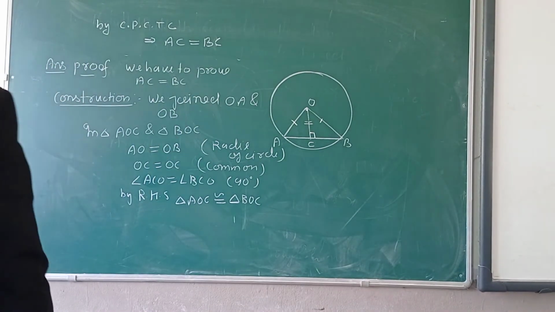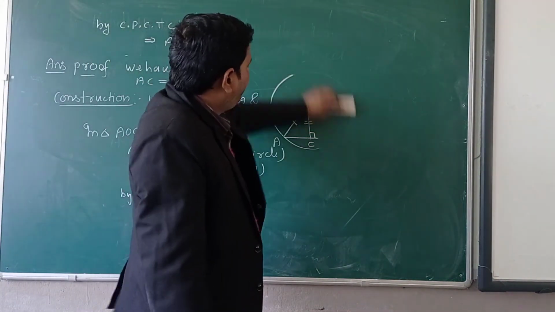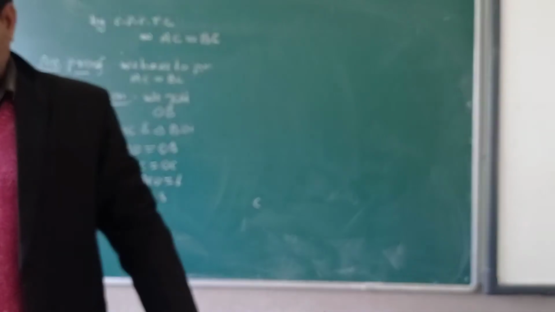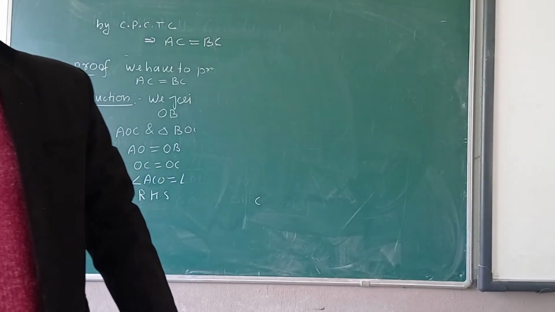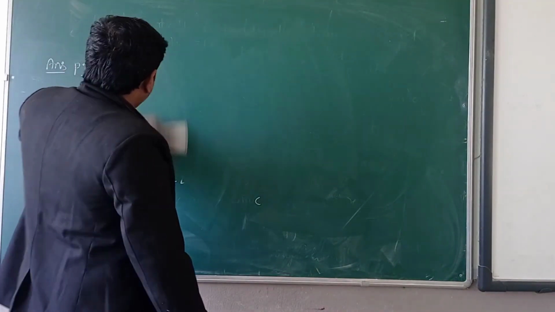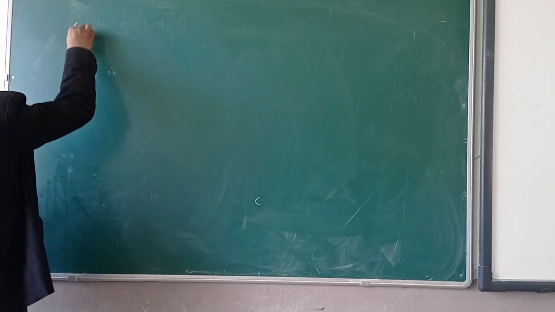One theorem is given: equal chords of a circle are equidistant from the center of the circle. Question 2.